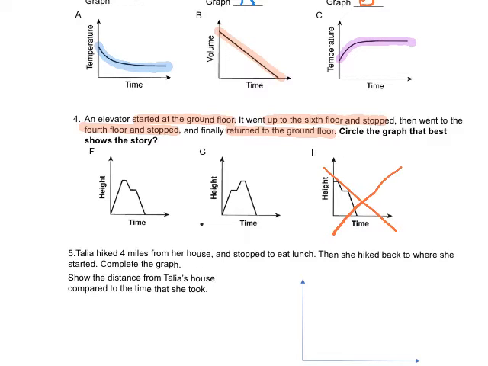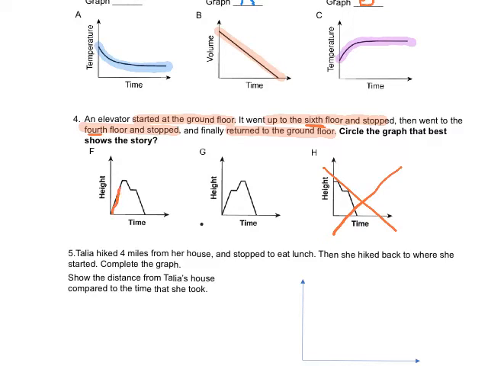All right, so starting at the ground floor, it went up to the 6th floor, stopped, and stopped is going to look flat. Time is passing, but it's stopped, and then it goes to the 4th floor. So if it goes to the 6th floor and then to the 4th floor, I'm going to see it go up to 6, wait, down to 4, wait.